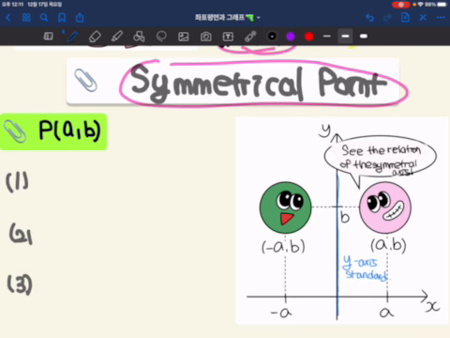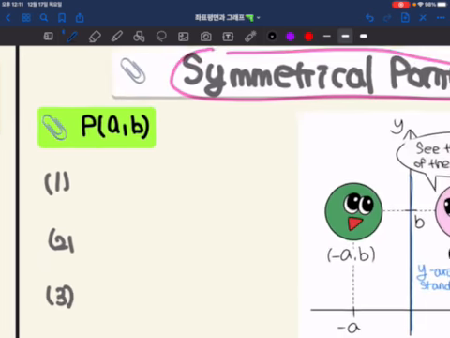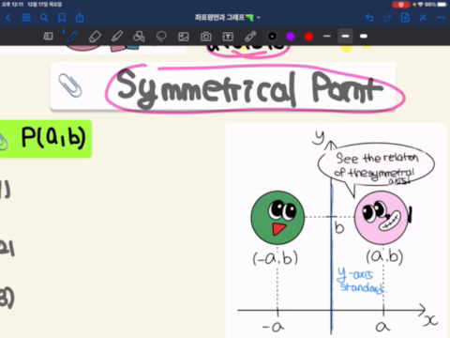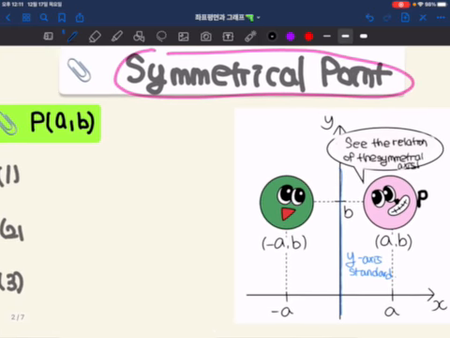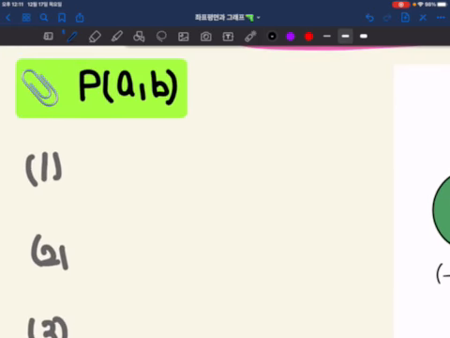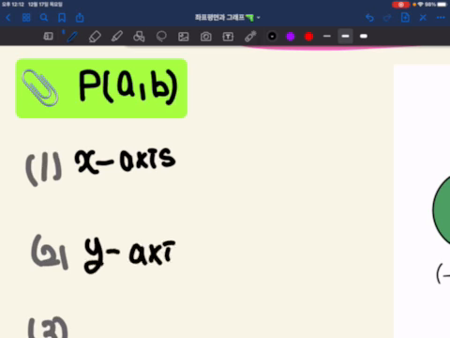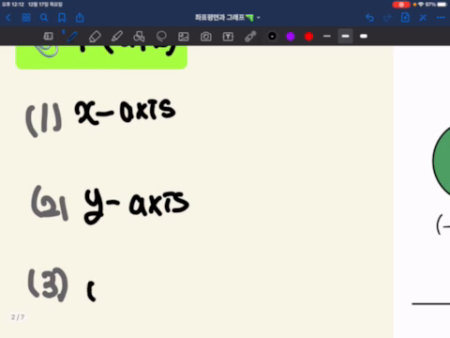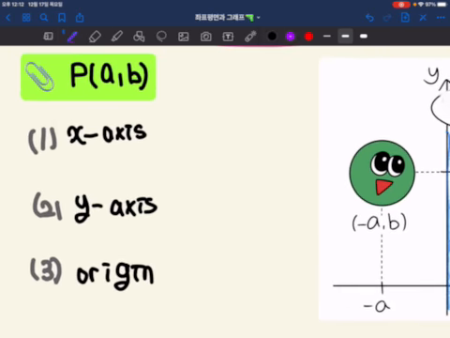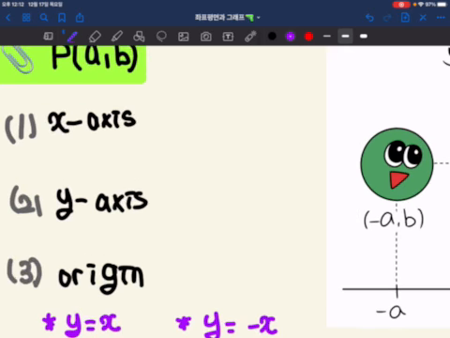To explain more accurately, this is P(a, b), this pink face is P. So P(a, b) might have symmetrical points with respect to the y-axis, the x-axis, and lastly the origin. And sometimes there can be y equals x and y equals minus x for these kinds of points.